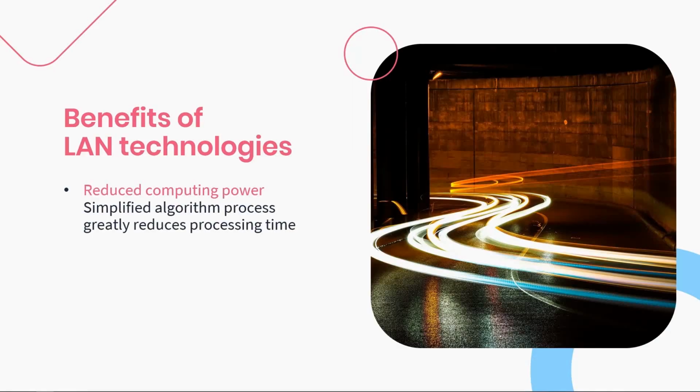For example, in a well-configured network, there is a simplified algorithm process in calculating the best path, load balancing, VLAN segmentation, etc., greatly reducing the processing time. Increased speed. In an optimized LAN, speed could reach up to 1 Gbps or more, which would greatly impact the speed of sharing files, uploading and downloading, and high-definition streaming on the LAN, providing all users with the speed needed in communicating with one another.